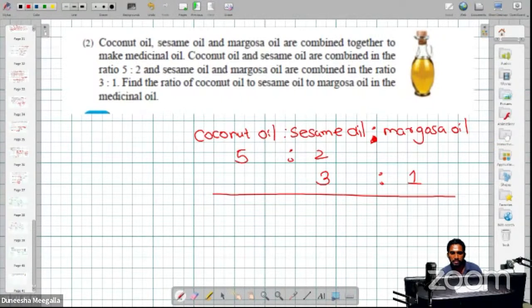Yes, Naduli, answer is correct. Okay, find the common ratio for the coconut oil, sesame oil, and margosa.